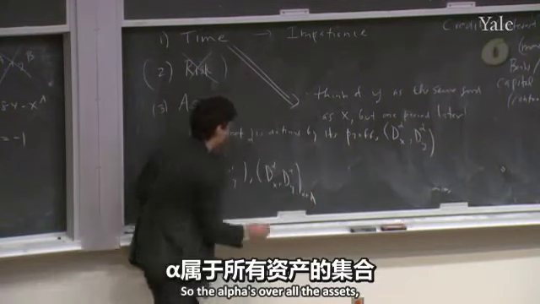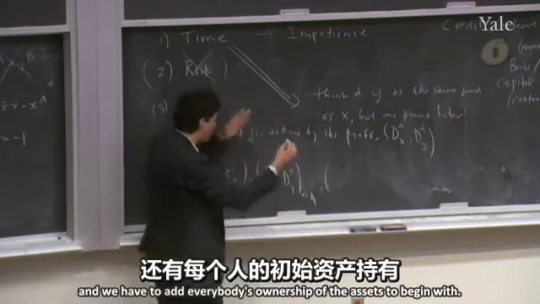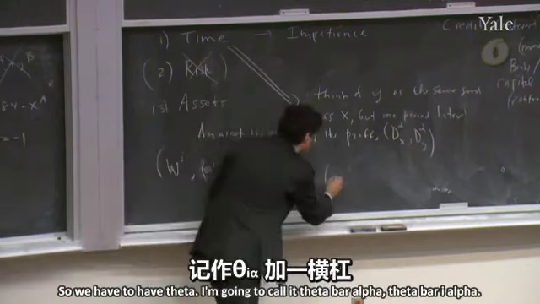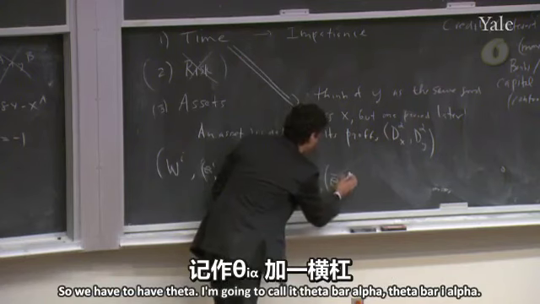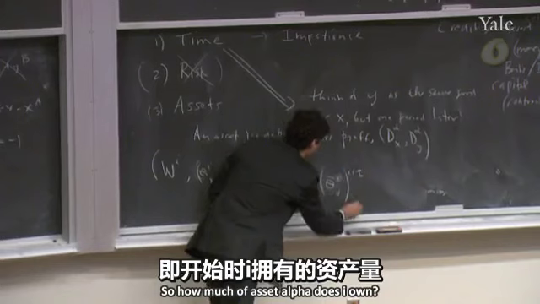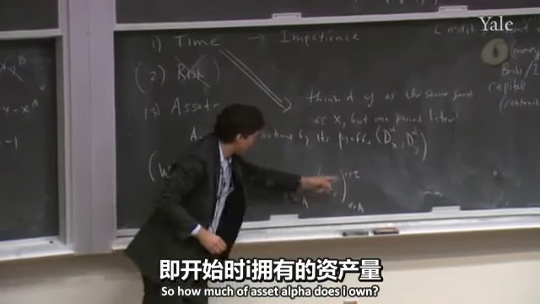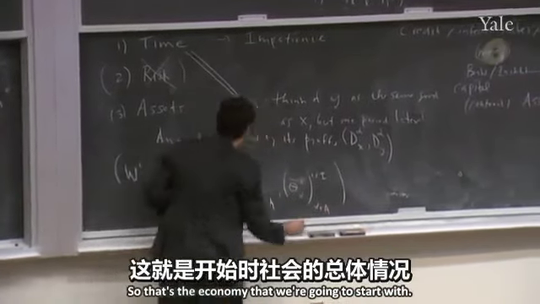So the alpha is over all the assets. And we have to add everybody's ownership of the assets to begin with. So we have to have theta, I'm going to call it theta bar I alpha. So how much of asset alpha does I own? So that's the economy that we're going to start with.